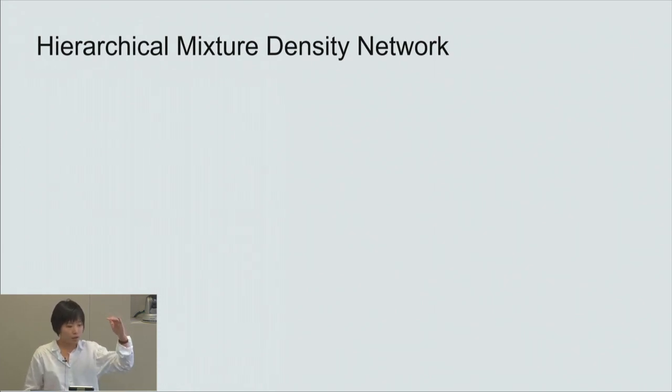At the top of the hierarchy, we have a binary variable to represent whether a joint is visible or not. If it is visible, we have a unimodal distribution to model it. And for the occluded one, we have a multimodal distribution. Depending on the visibility in the top level, we can switch between these two cases.